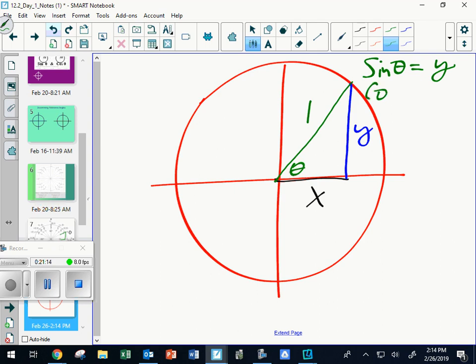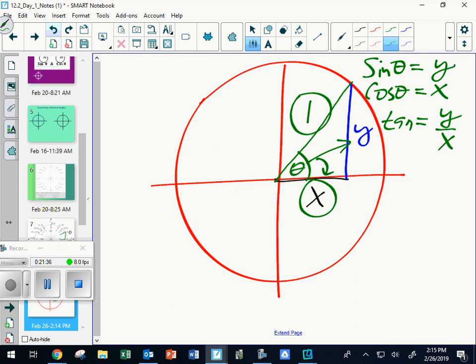Sine is Y, what's cosine? X, because cosine's adjacent over hypotenuse, and so it's X. And tangent is Y over X, because it's TOA of this angle, opposite over adjacent, so Y over X. Sine is Y. Repeat after me.